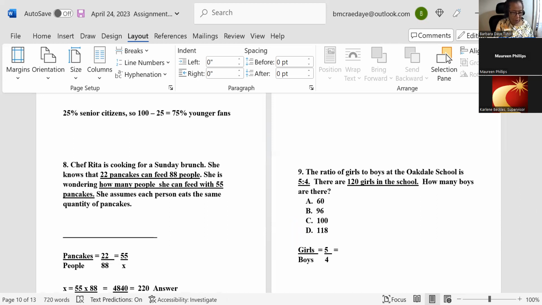And our unknown is the number of boys, right? So there again is our unknown. We'll call it X, anything you want to call it. Let's call it N. The thing is, we use X so much that people get accustomed to using it and think they have to use it in everything. Now, Maureen, how would you solve for N?